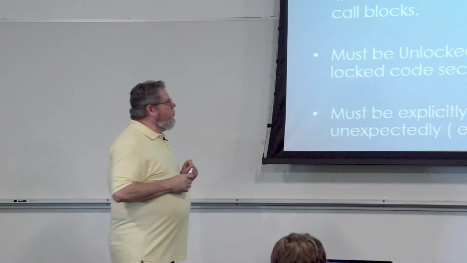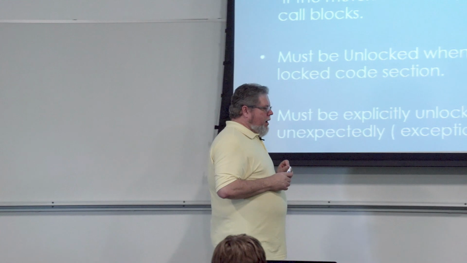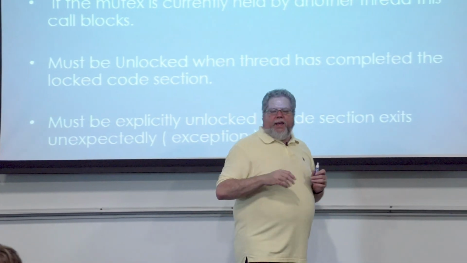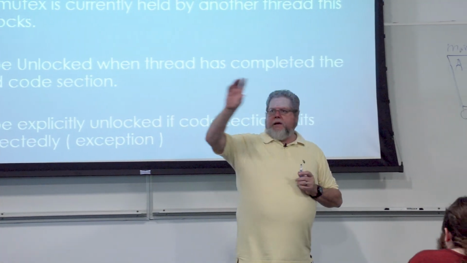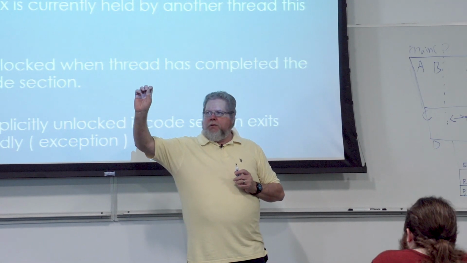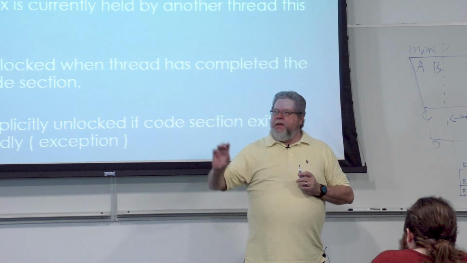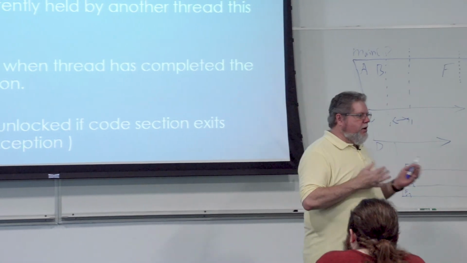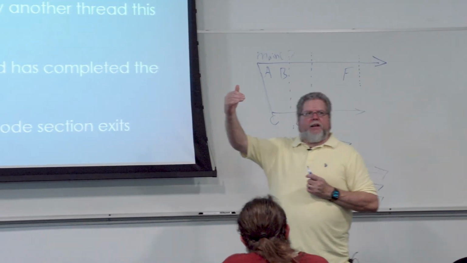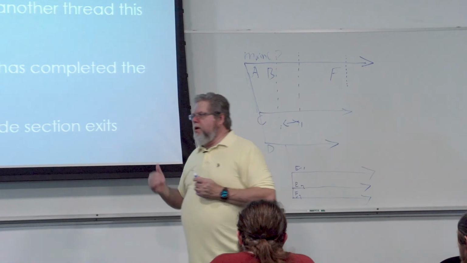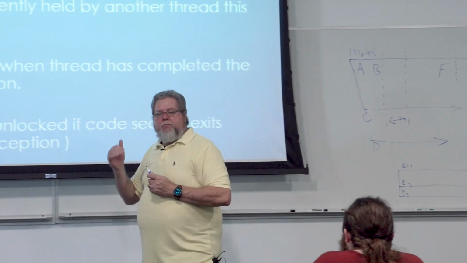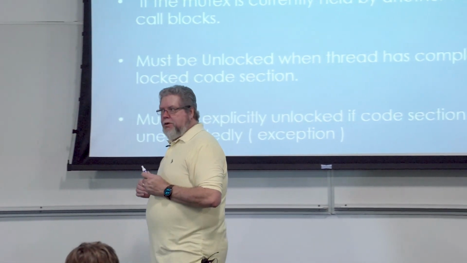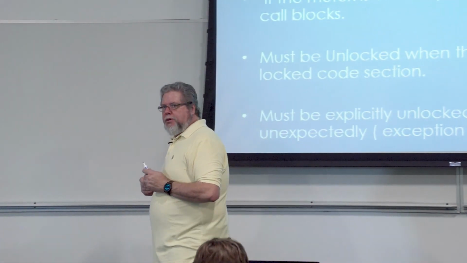Now, this does present a little bit of an issue for us. Imagine, if you will, that you've got a function, and somewhere at the top of it, you lock some lines of code. You do the lines of code, and then you unlock it. And your program comes in, it starts executing, it hits the lock, it locks everything, it starts running the code. Before it gets to the unlock, it throws an exception. Bang, just threw an exception.